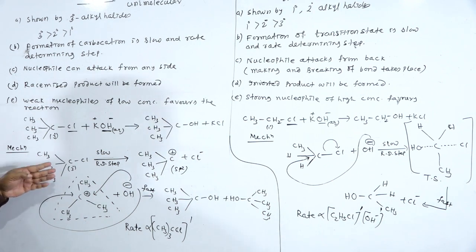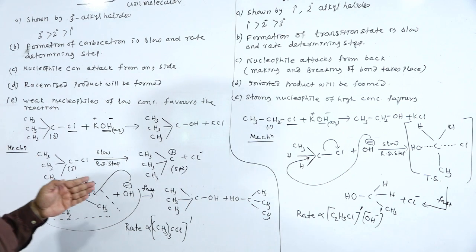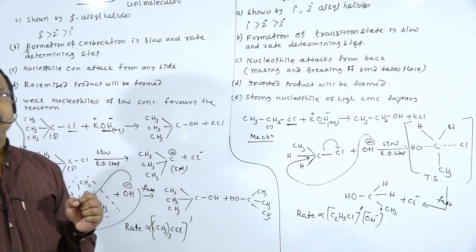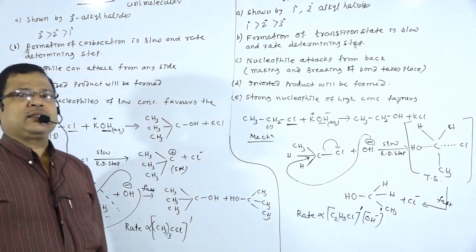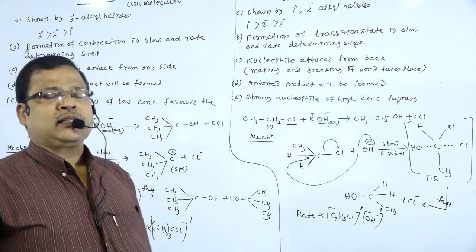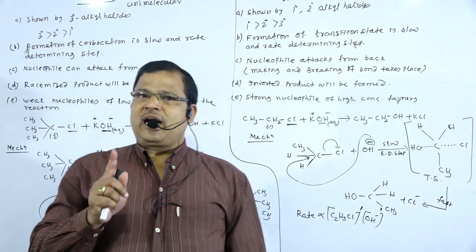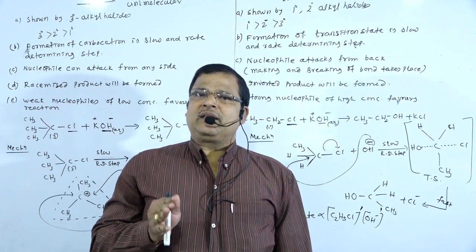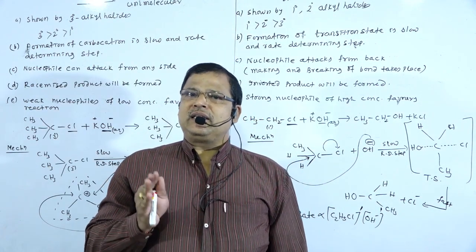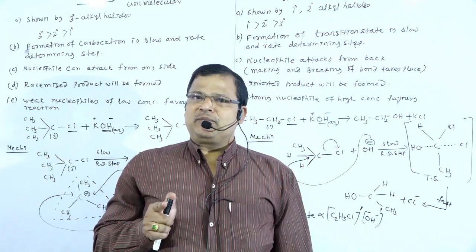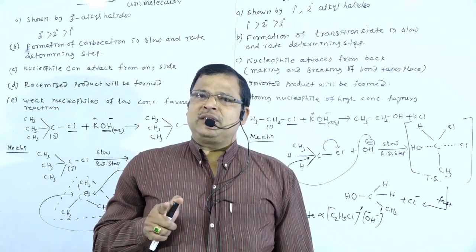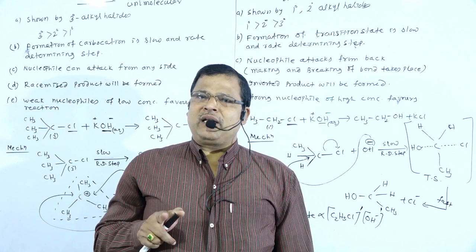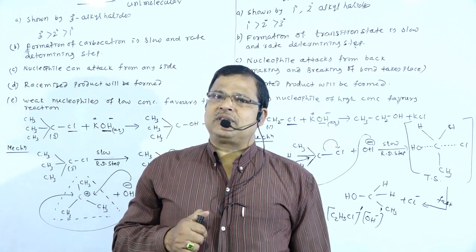So, this is the basic point of difference between SN1 and SN2 mechanism, how that reaction takes place. In nucleophilic substitution, the halogen atom, that is chlorine or bromine, is replaced by a nucleophile like OH minus, CN minus, OR minus, RCOO minus, etc., to form the desired products.